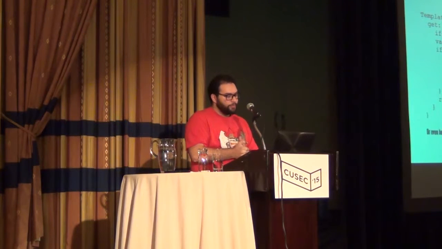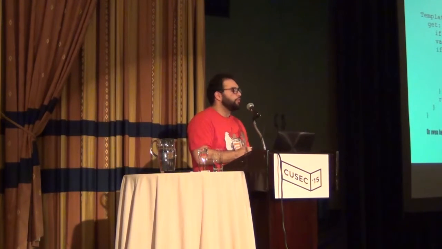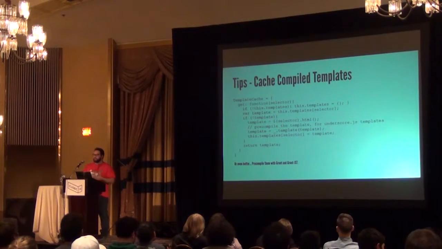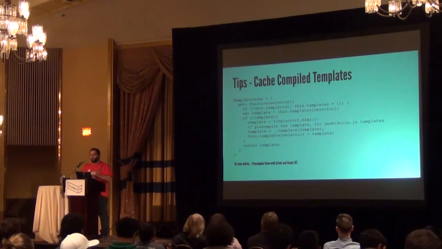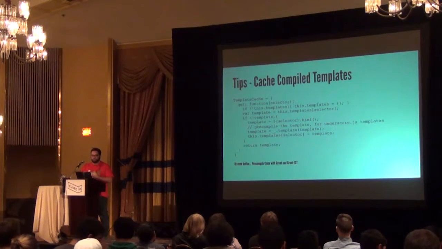And here's another tip that I really like, and this is really useful for desktop development as well. If you're using templates inside your HTML to reload data, you want to cache the compiled version of those templates. So if you're using Underscore, or a template library like Mustache or Handlebars, when you compile those templates, you want to make sure that they are cached, so that you don't recompile them every time you need to use the template.